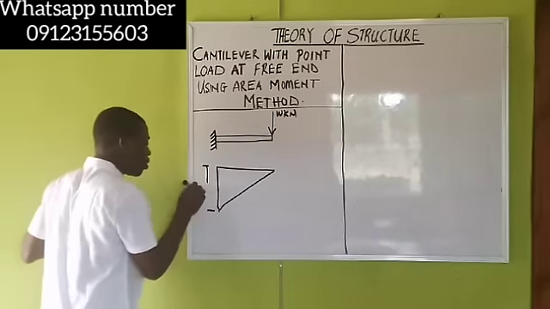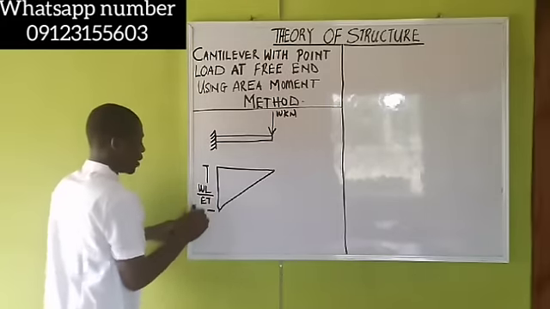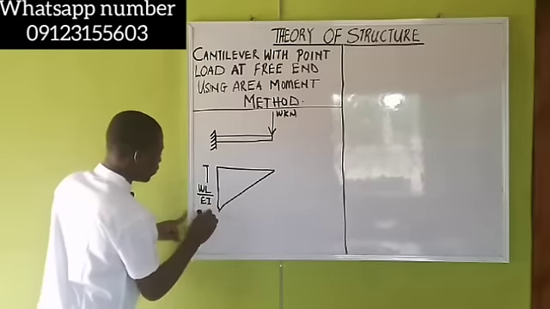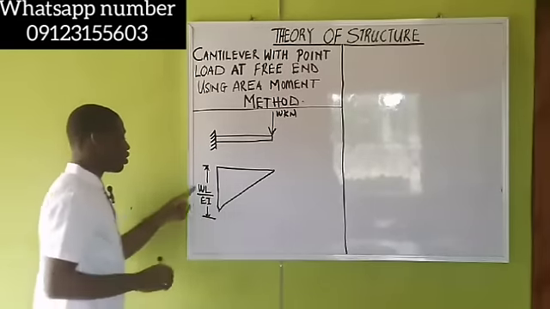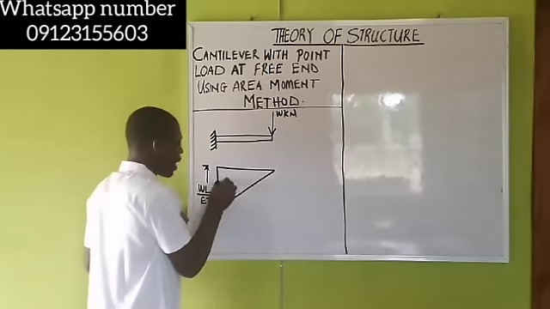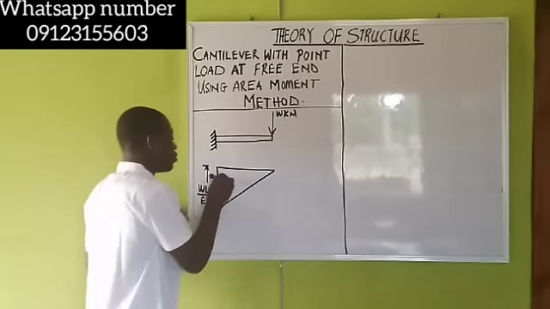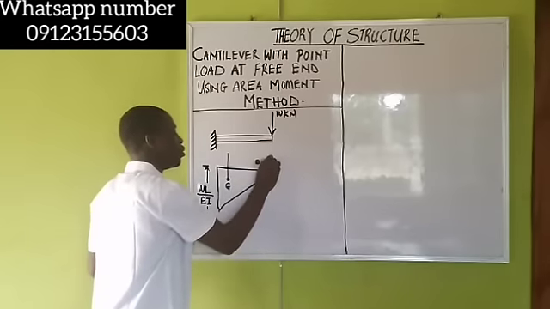Now, my first task here is to name this part. From here, call it WL over EI. So from this part here to this part here, call it WL over EI. Why? Pick a center at this point. Call that center G, that is the center of gravity. So take it upward this way. Extend this point upward this way.